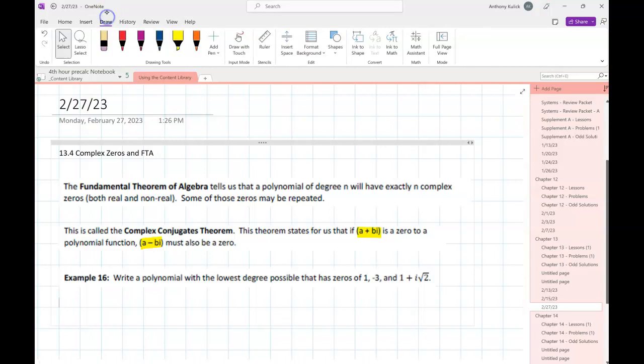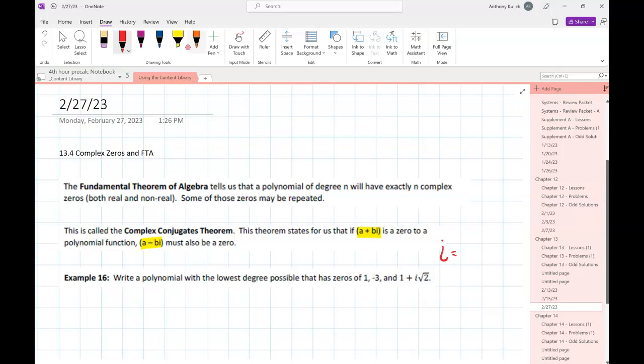So this says, write a polynomial of the lowest degree possible that has zeros of 1, -3, and 1 plus i root 2. Remind me again, what is i equal to? It is an imaginary number, that's true, but what is it equal to?